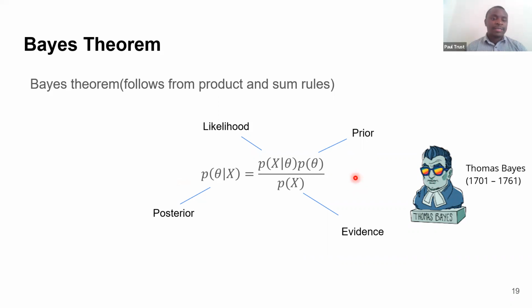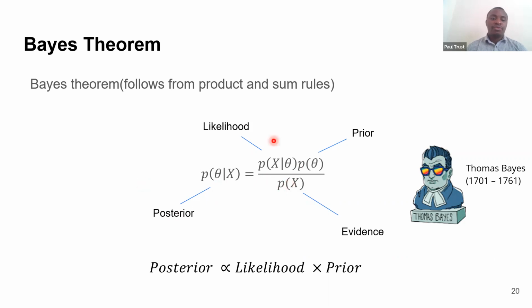So this is what we call the posterior distribution, likelihood, prior, and evidence. You'll see a lot of this P of X. Some people call it evidence or model evidence, and we shall find that this is one of the key problems in Bayesian methods.